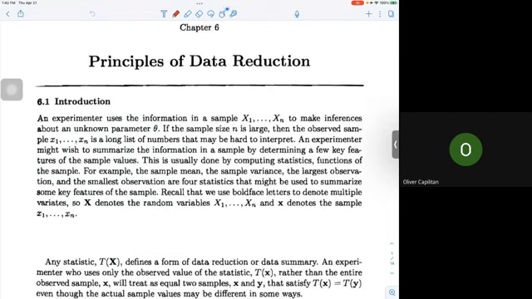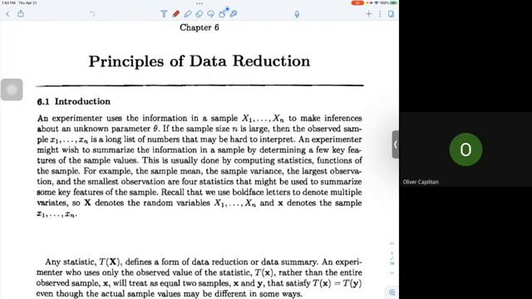While the area of statistical inference is concerned with making generalizations for the population based on the information gathered from the sample. In other words, it is concerned with making inferences for our unknown population parameter based on the information that we get from the sample.